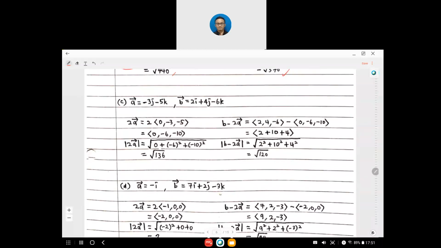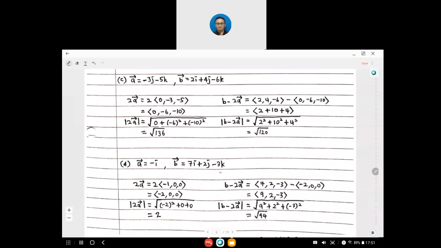For question C, you have vector A, negative 3J. So this one is a vector, so it must have the symbol. Okay, negative 3J minus 5K. And the vector B, 2I plus 4J minus 6K.